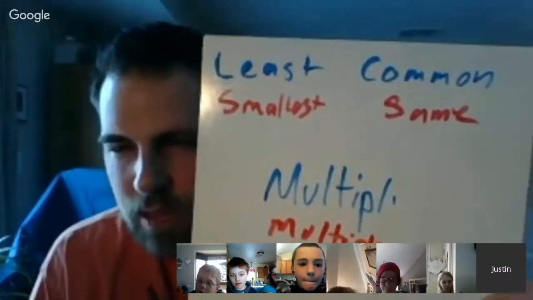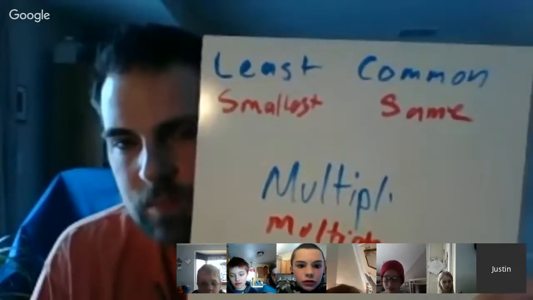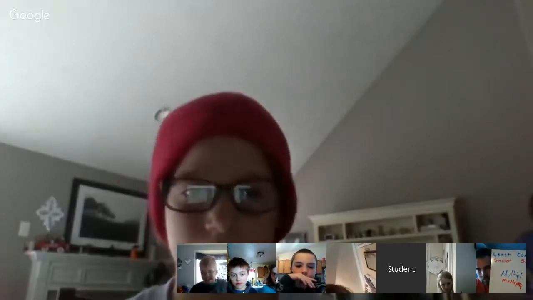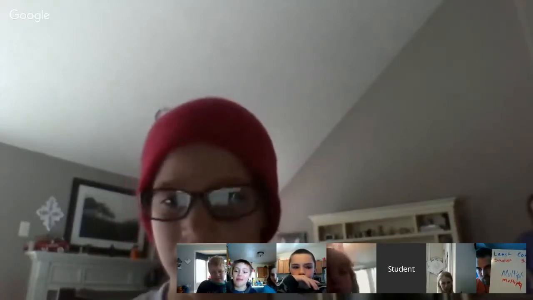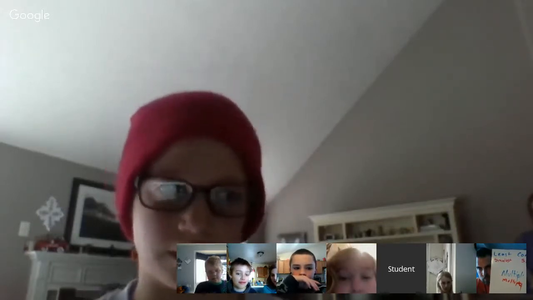Okay, can you make that a little bit more clear? It is where you use your timetables and you come up with rows, and then you see the two numbers that are matching, and there might be more, but then you see which one's the least.